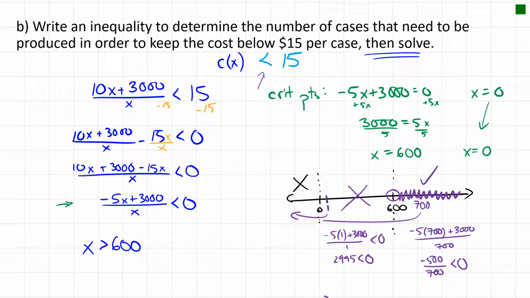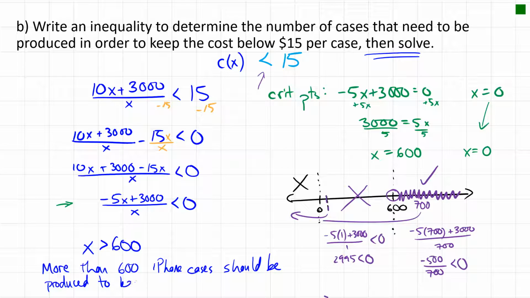So we can say that at least, and actually no, we shouldn't say at least, we should say more than 600 iPhone cases should be produced to keep the cost below, I'm going to use the word that was in the sentence, below $15 per case.